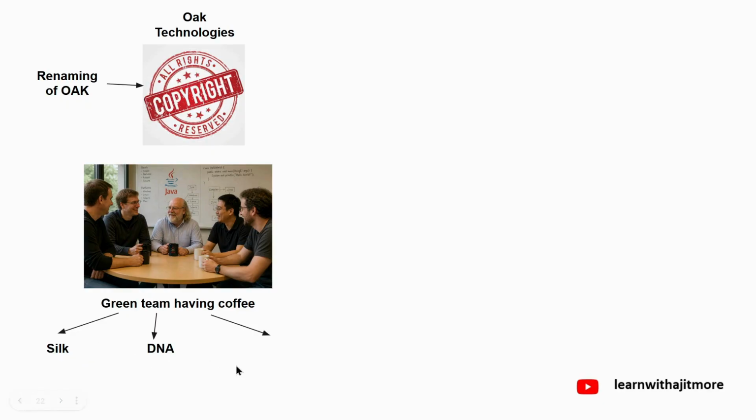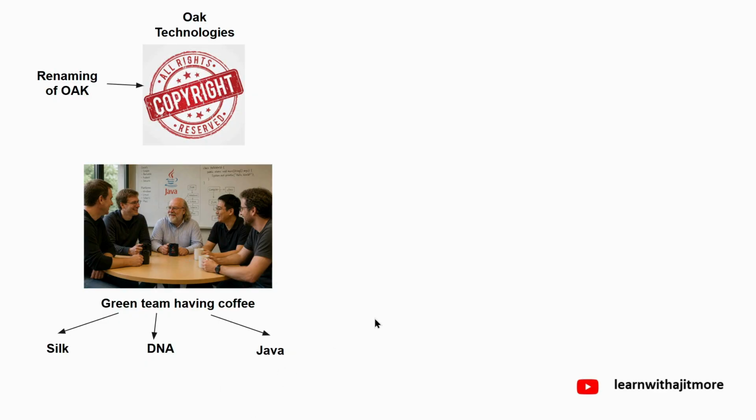Silk, DNA, Java. Now, Java, why? Because the coffee which they used to drink was made from Java coffee beans. There's a special type of coffee bean from Java island.